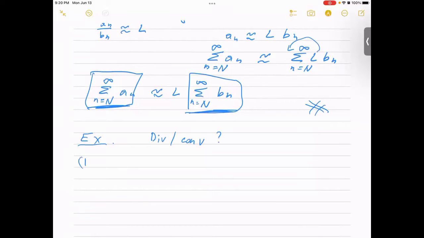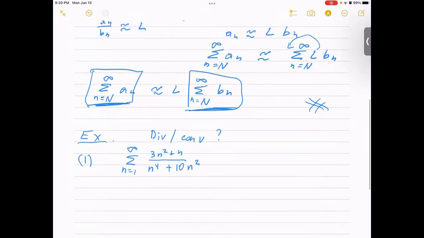So the first one, we start with the series of 3n squared plus n divided by n to the fourth plus 10n squared, from 1 to infinity.